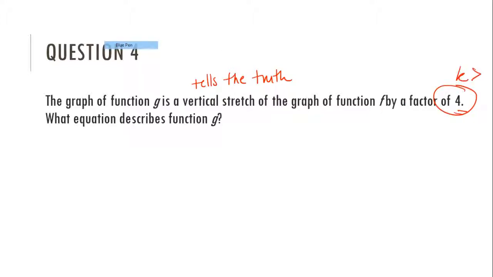So here's my k that is greater than 1. If I'm greater than 1, it's a stretch. It already tells me that. So what equation describes the function g? If my parent function is f of x, what is my new function g of x going to equal?